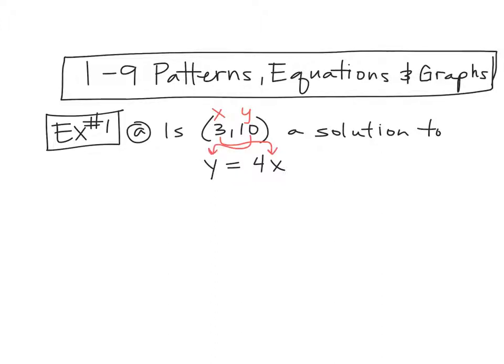So basically we're saying if I plug 10 in for y, that should equal 4 times x. What operation's happening between that 4 and x? Multiplication. When they're just next to each other like that, you're multiplying. So 4 times 3. Is (3, 10) a solution? No. Why? Because it doesn't equal 10. They're not equal. 10 does not equal 12.